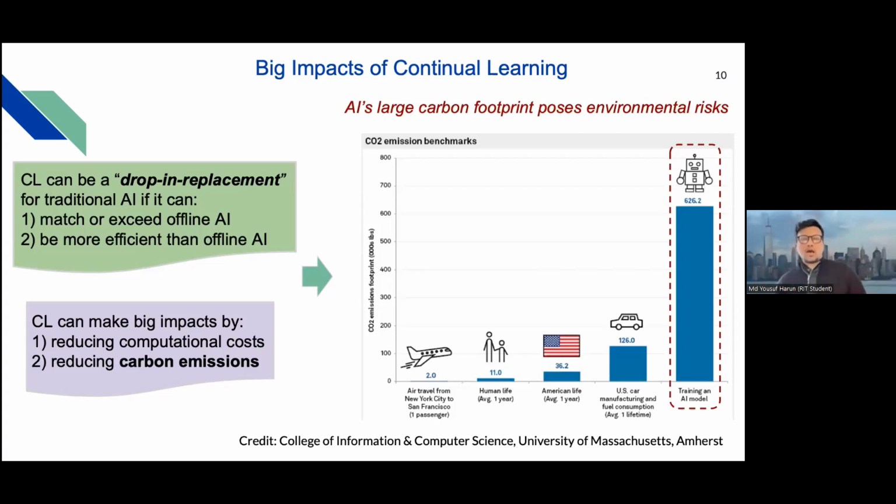So if we can use continual learning instead of traditional AI when we need to adapt to new data, then it can reduce computational cost and also reduce carbon emissions significantly. So this will be a bigger impact.